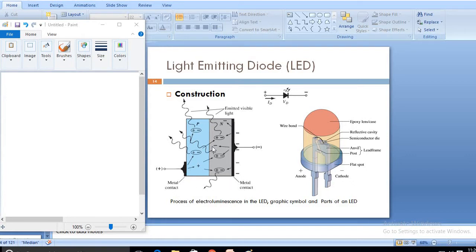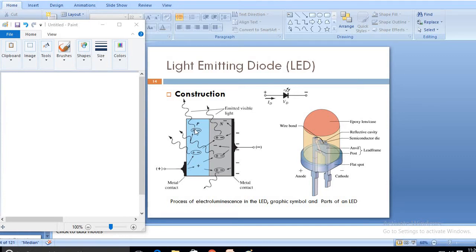As I already told in the last classes, holes are present in the p-type and electrons are present in the n-type semiconductor. Whenever recombination takes place, holes move towards the n-type and electrons move towards the p-type, then only the recombination takes place. Then photons will be released.